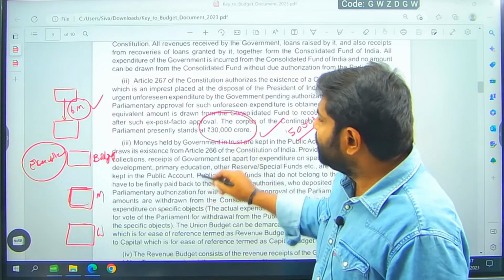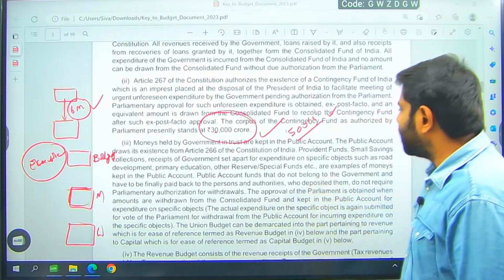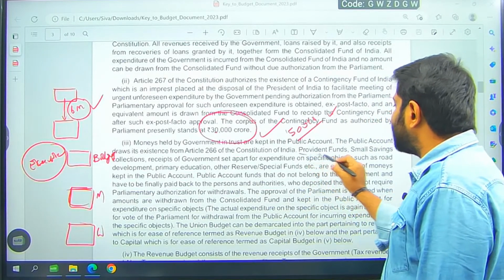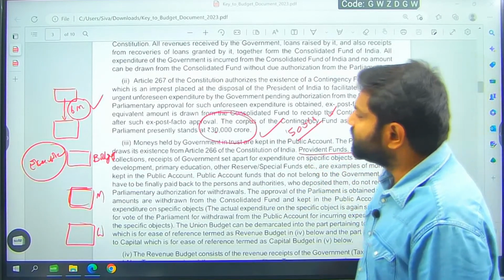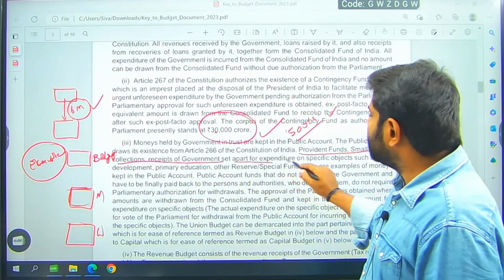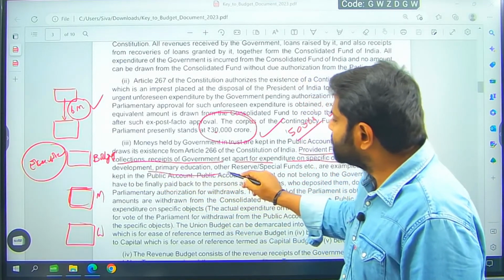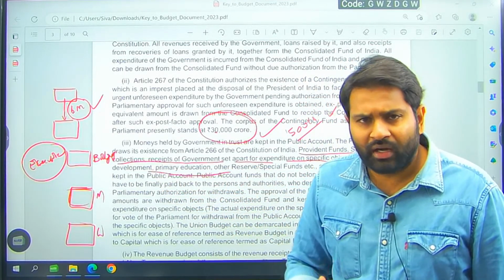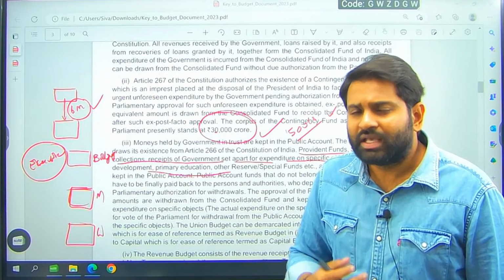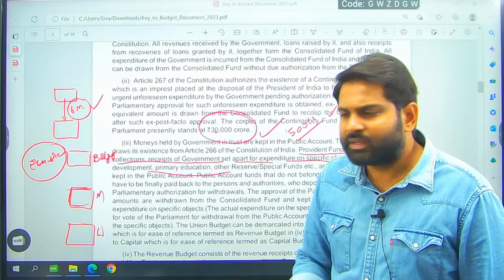Next one, we have the Public Account of India. For the public account, I've told you the examples: provident funds, small savings collections, receipts of government set apart for expenditure on specific objects such as road development, primary education. There will be different funds like Kisan fund, education fund, women corpus, like that.